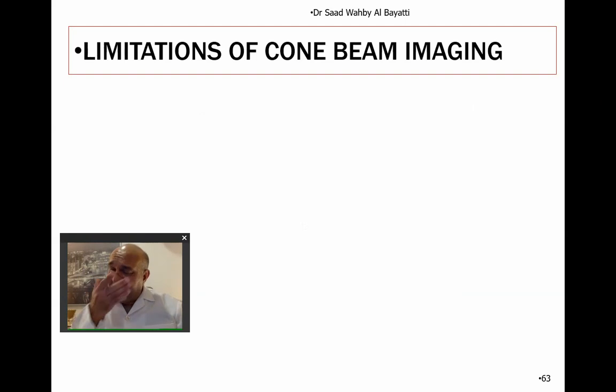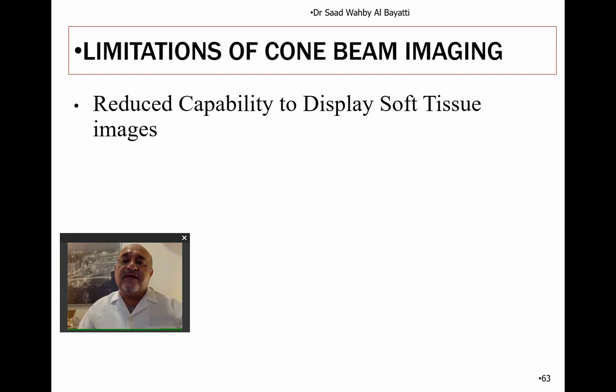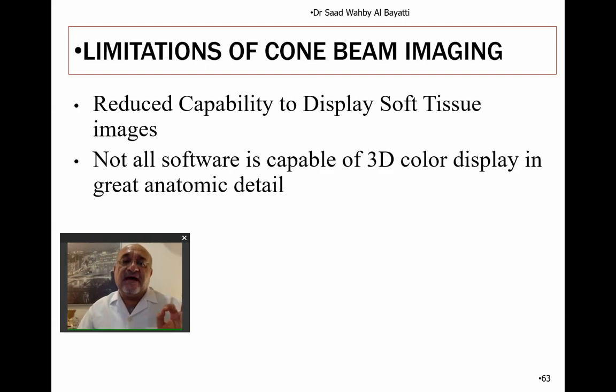Okay, as we said, not every imaging technique is the ideal one. Every system has its advantages and disadvantages. Now, an important disadvantage of cone beam imaging CBCT is that it has very limited ability to display the soft tissues.